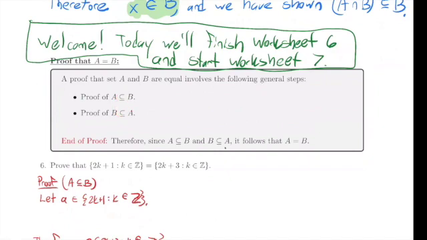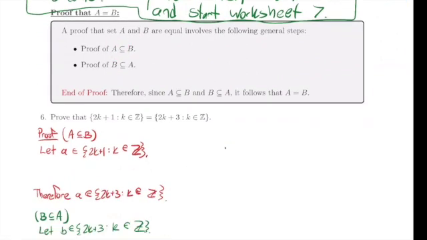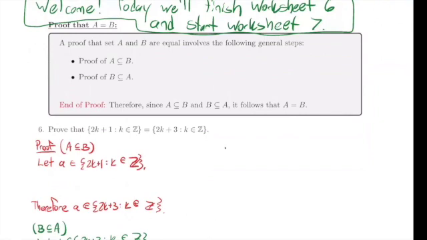If all the elements in A are in B, and all of the elements in B are in A, then they must be the same set. Last time we talked about how to do each of these proofs, so it's really just doubling that up. There would be two steps to that proof.